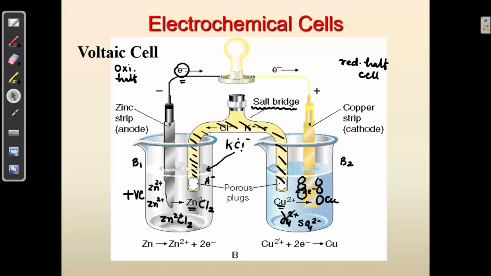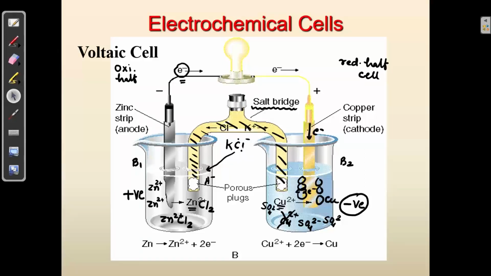Slowly and gradually the concentration of Cu2+ will decrease and sulfate ions will keep on increasing. This increases the negative charge in the reduction half.